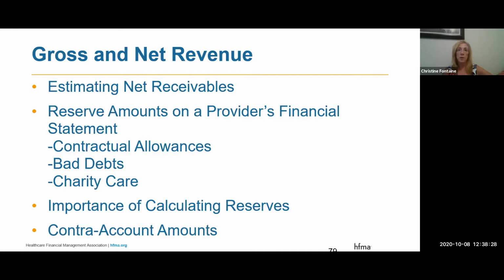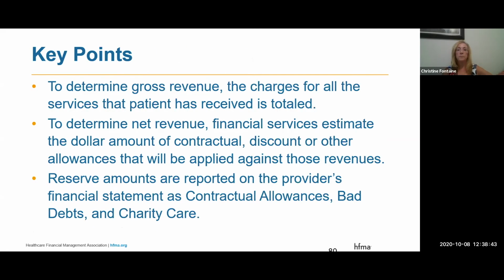If it's insurance money, it's just going to be insurance write-offs. If it's patient liability, it's going to be bad debt. But you start to fully reserve, and any money that may be received on those amounts is then unreserved. So not a bad thing.